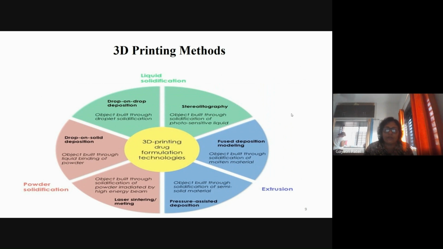Other than in healthcare applications, there are so many choices available for filaments. We can easily take the filaments and make the desired shape and size.